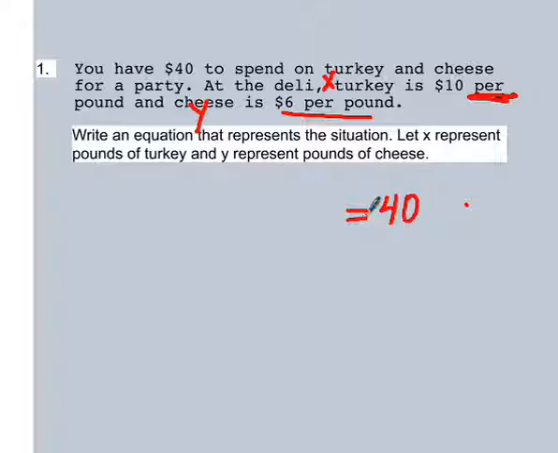And that comes from $10 times x, because turkey is x, $10 per pound, x stands for pounds, plus, and cheese you're buying is $6 per pound, so $6 per pound of cheese. So that's why I used a y for cheese.